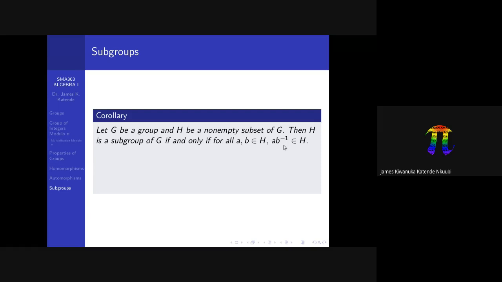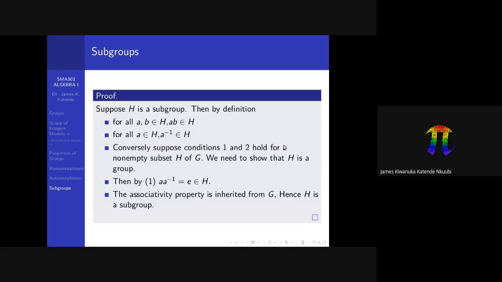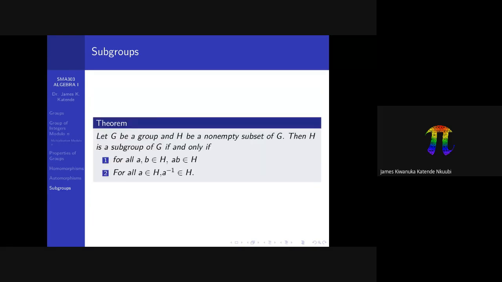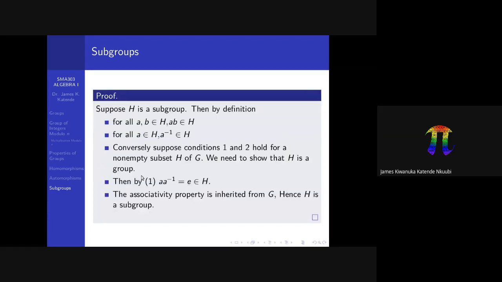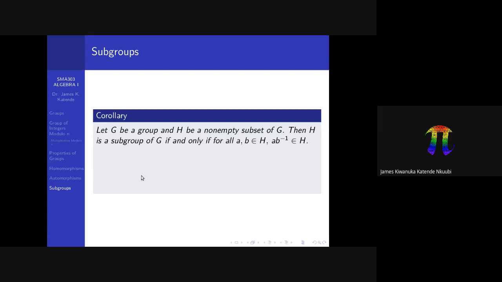Sometimes this is convenient, or sometimes we can use the theorem we have just put here. So this can be used as it is, or you can choose to use this corollary. Any of the two will work. So if you want to check it's a subgroup, you can confirm if the two conditions of closure and the inverse are satisfied, or you can combine both of them into one condition and you only check this one condition.